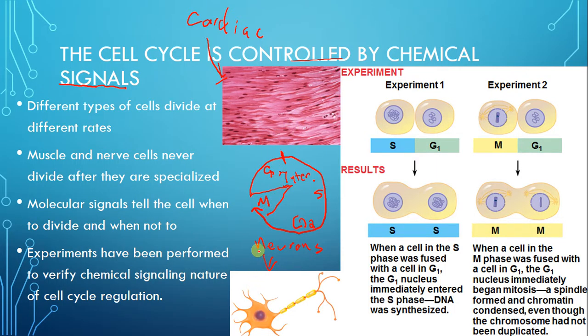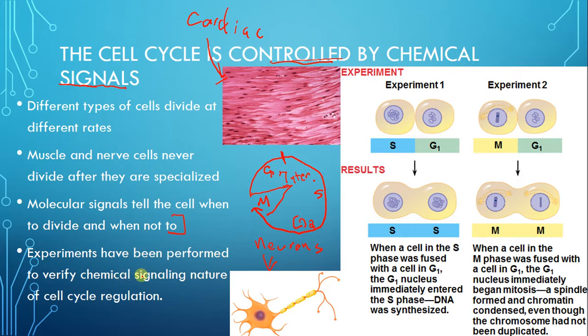Or for example, in the case with your skin, if there's not a break in your skin and you're not really growing too much, they don't need to divide as fast. Those chemical signals or messenger molecules are responsible for communicating with all the skin cells to tell them that.